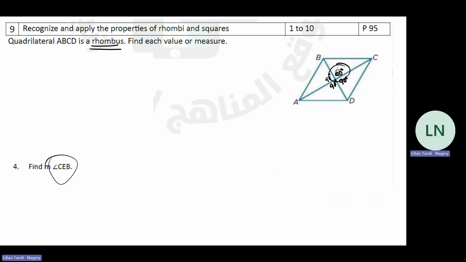CEB there, 90 degrees. So we are talking about this angle here, CEB, this one here. So angle CEB is 90 degrees because diagonals are perpendicular.